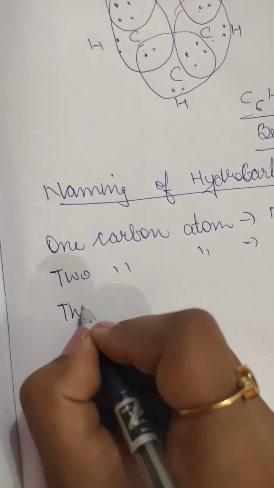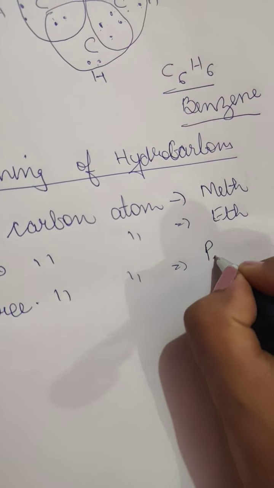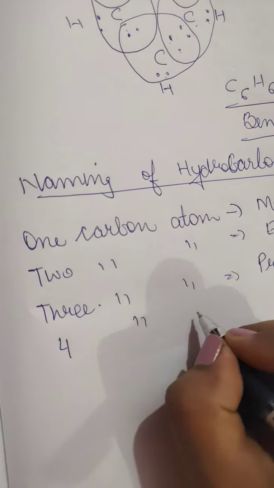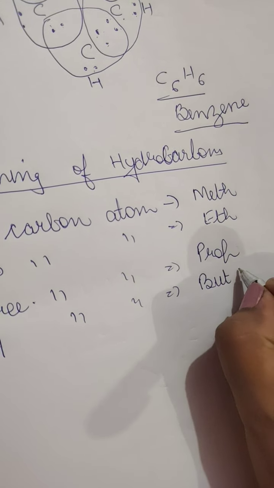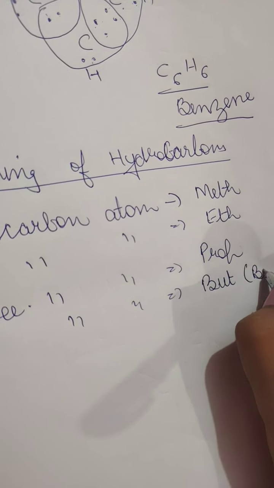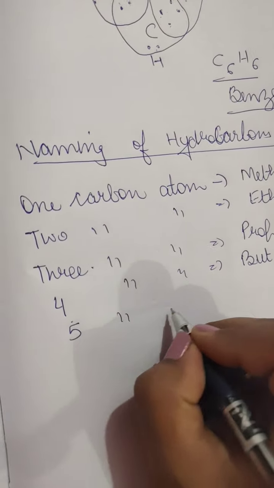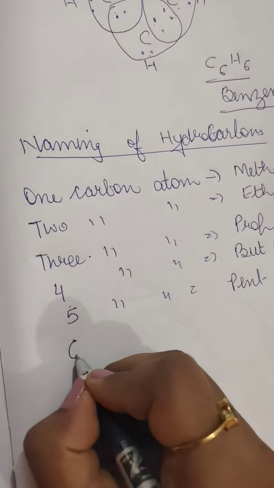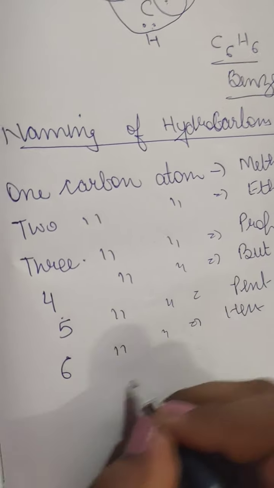If there are three, it will be prop. For four carbon atoms, it will be but. For five carbon atoms, it will be pent. Six carbon atoms will be hex.